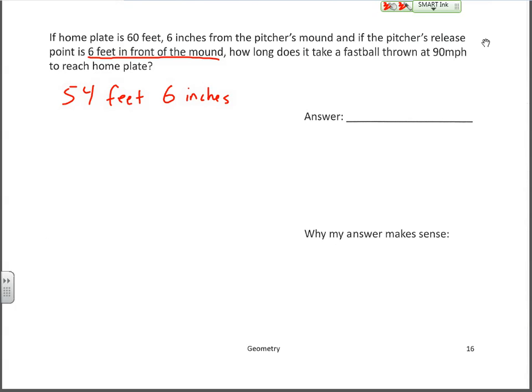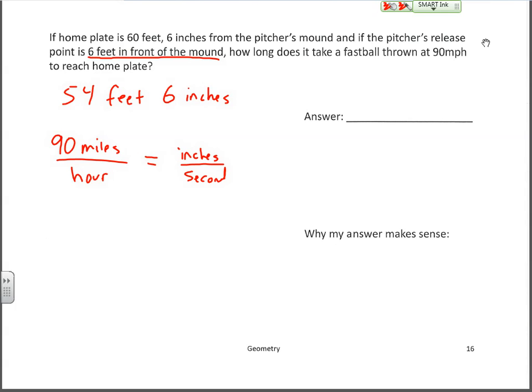And if we're looking at a rate of 90 miles in 1 hour, that's what the rate 90 miles per hour represents, we can convert this into probably inches per second.